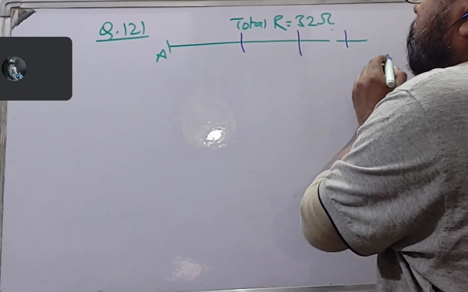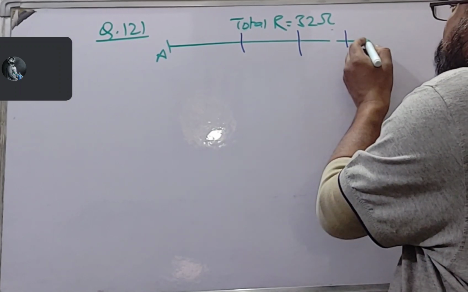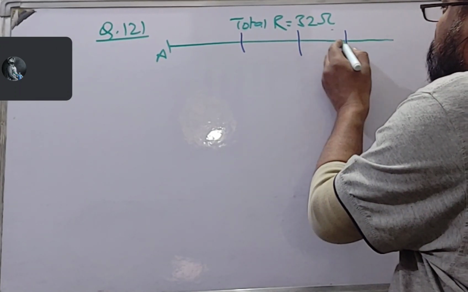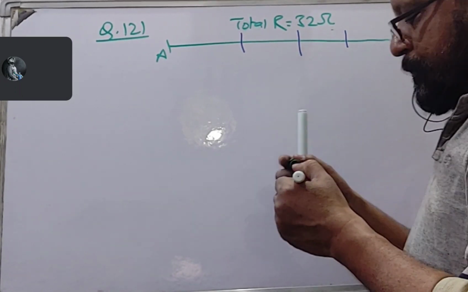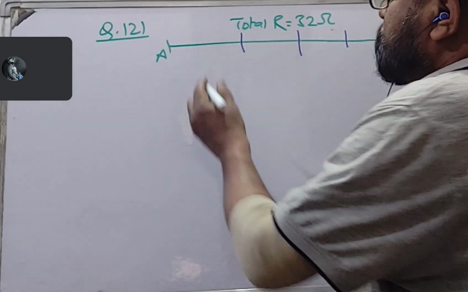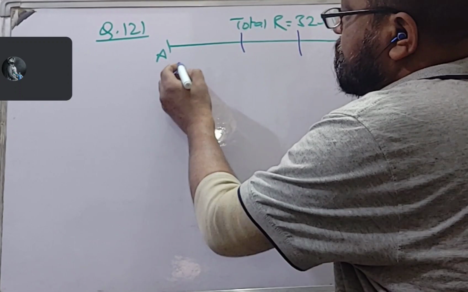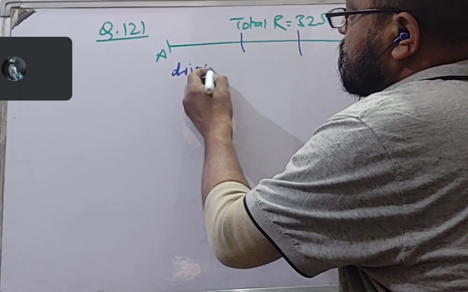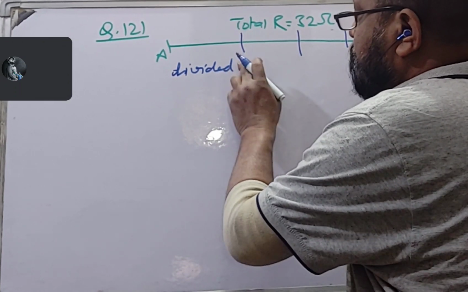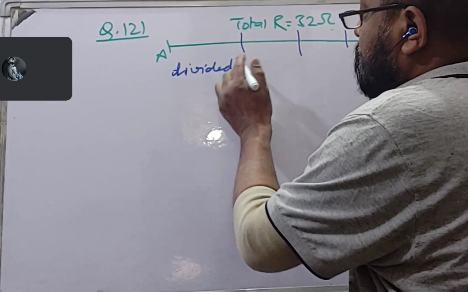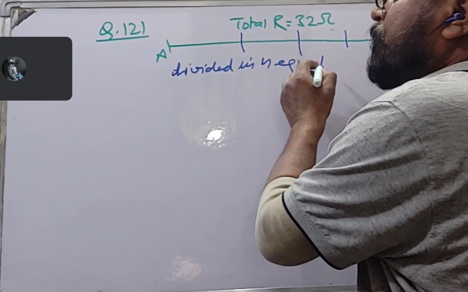If I put it here, then the next one is divided in 4 equal parts.